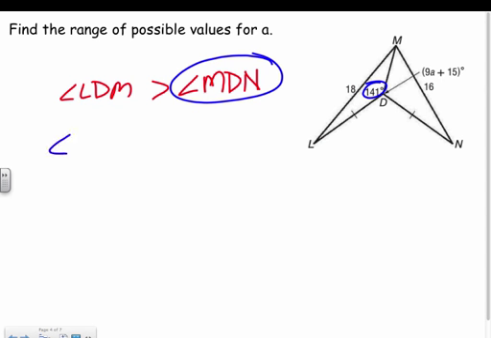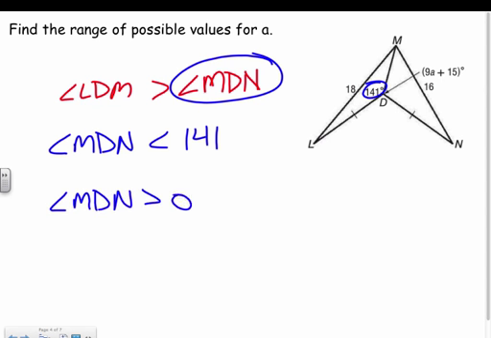So let's think about that. Angle MDN is less than 141. Well, I also know that an angle measure can't be less than 0 degrees in a triangle. So I also know that angle MDN is going to be greater than 0 degrees. So it's going to be somewhere in there. I don't know what it is. So what I do to find my range of values is I set up two inequalities.